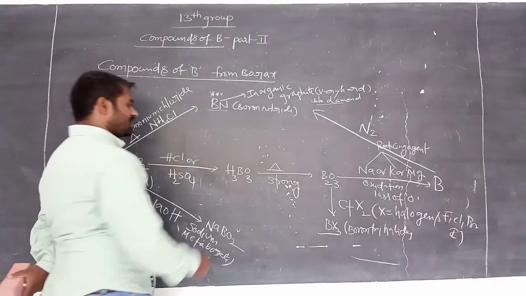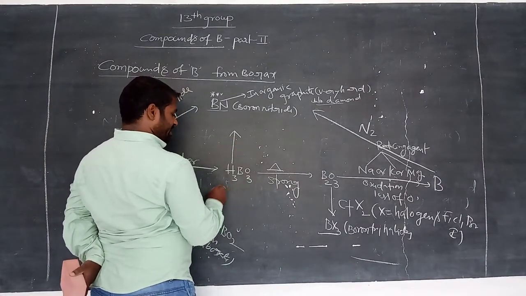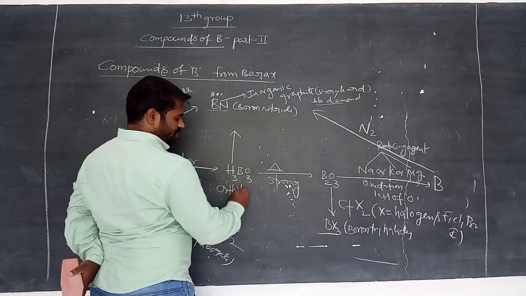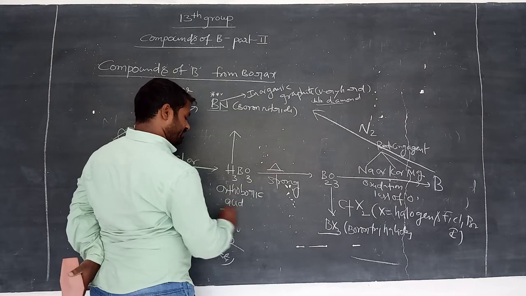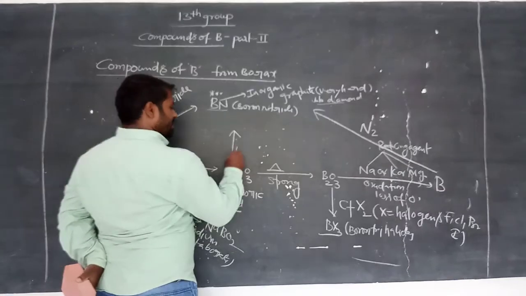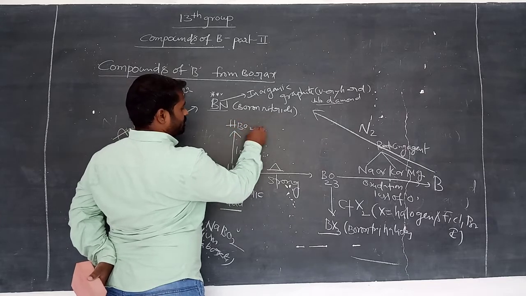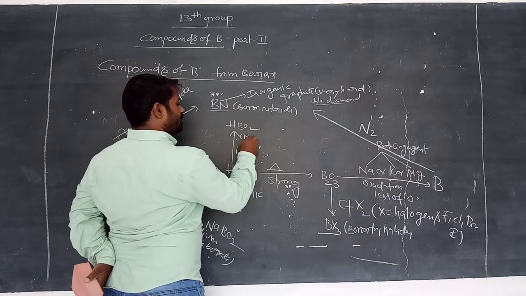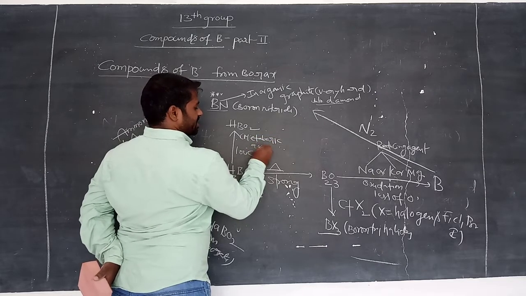Okay. So let us come to here. Heating orthoboric acid at 100 degrees Celsius, it gives HBO2. This is called metaboric acid. Is it clear, students?